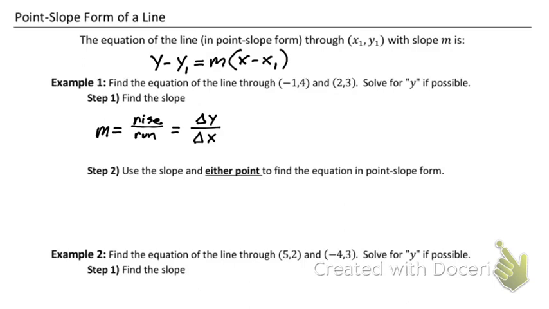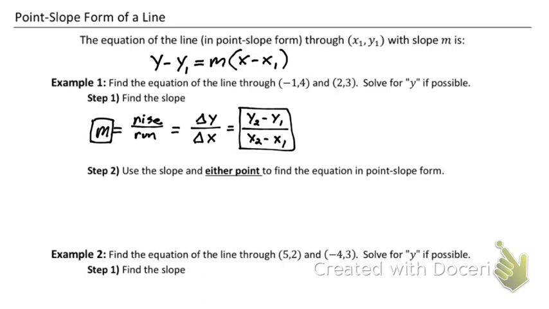To calculate those, you're just going to do your y values subtracted over your x values subtracted. You have to know this equation. You have to know that equals your slope. Slope equals change in y over change in x. In other words, your y values subtracted, your x values subtracted.